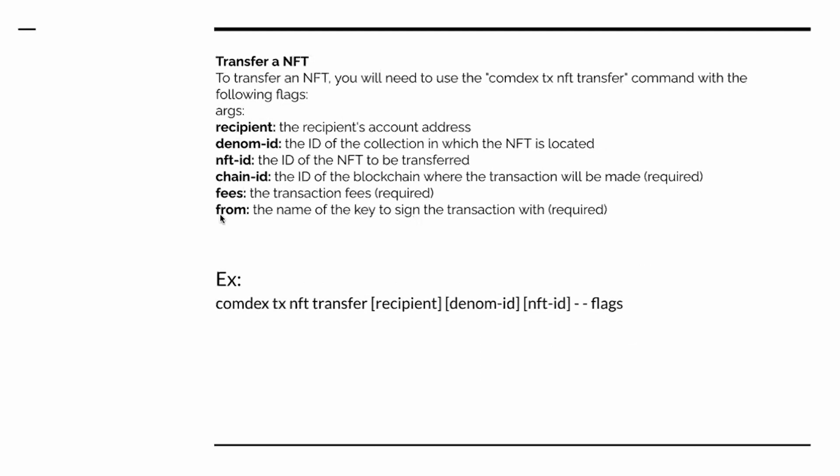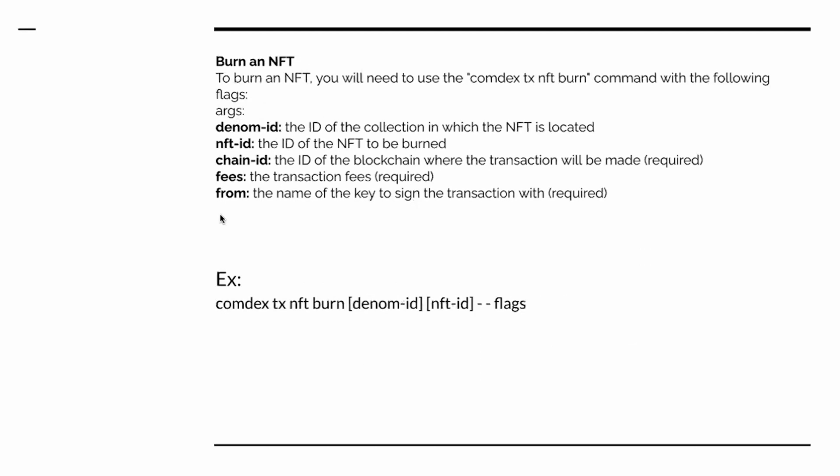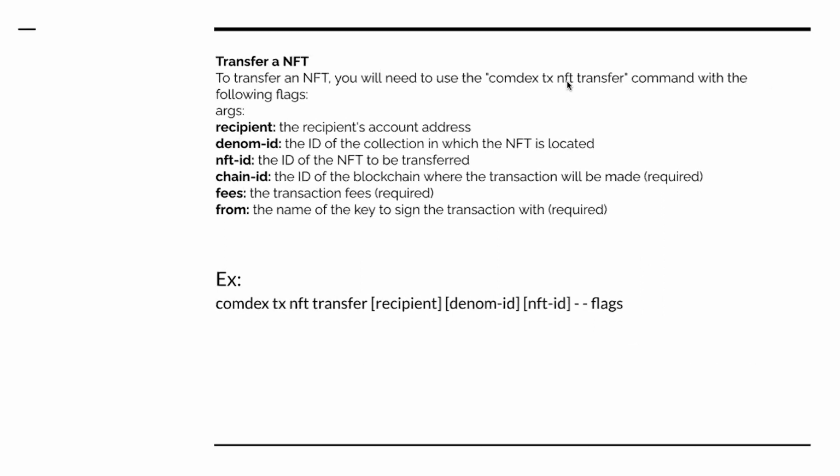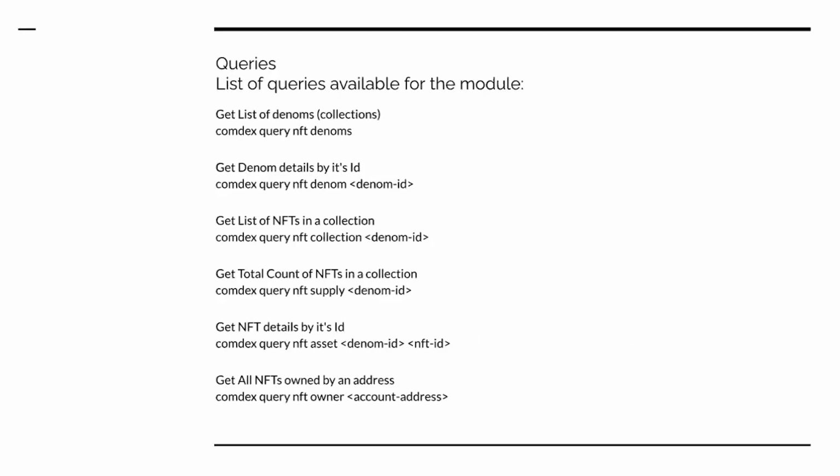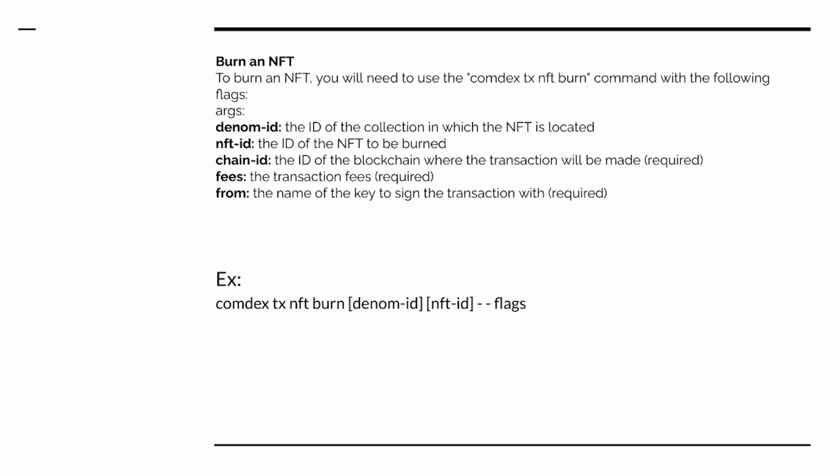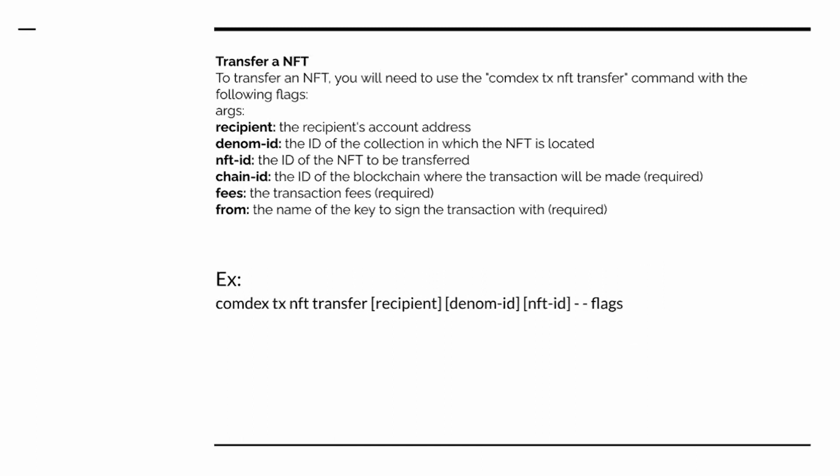Transfer NFT, as we just saw, is similar, and each will have an associated function message, like the Comdex tx NFT burn command. If you want to burn it, you need to use this command. To transfer, you need to use an NFT transfer command. So each and every CRUD operation has associated commands with it.